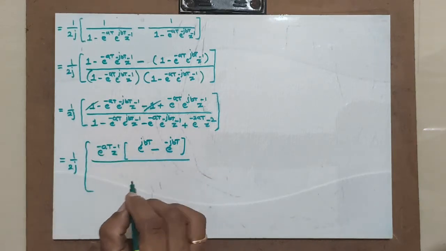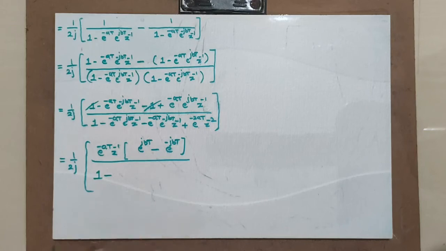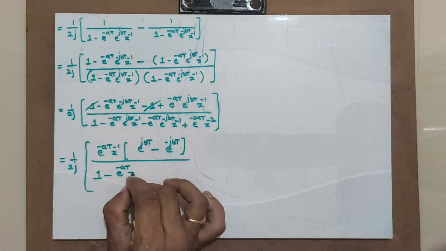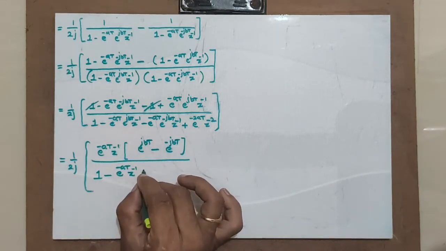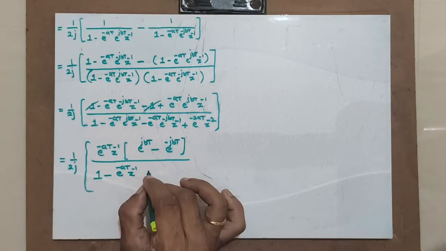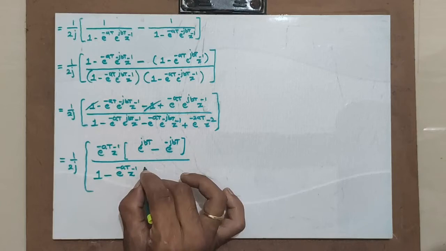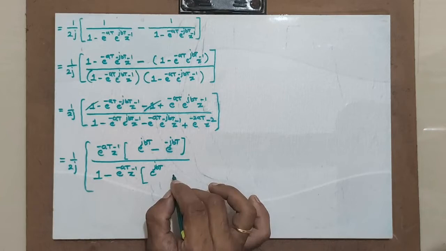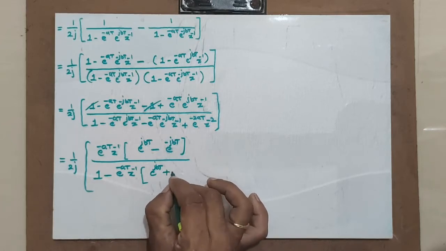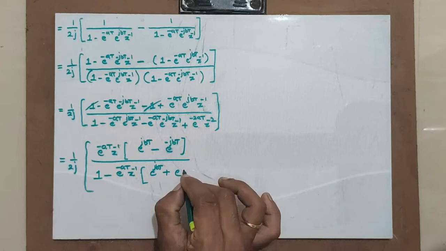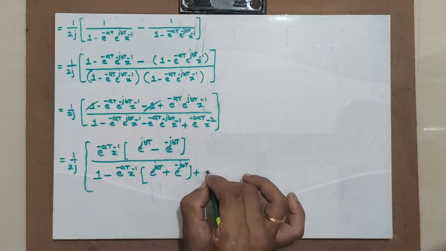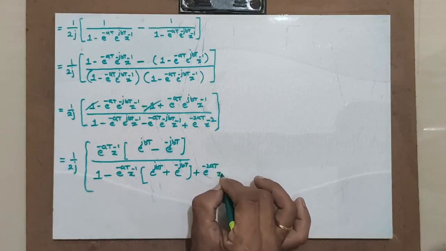Whole divided by 1 minus, again I will keep e raised to minus aT, z raised to minus 1 outside. Because I have kept the minus outside, what happens is e raised to jbT plus e raised to minus jbT, plus e raised to minus 2aT, z raised to minus 2.